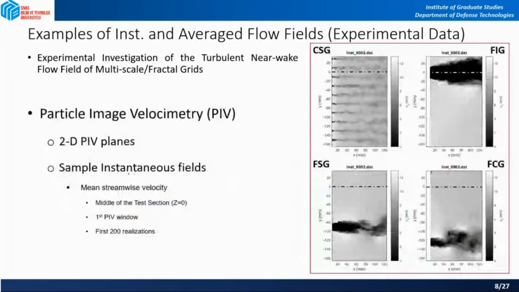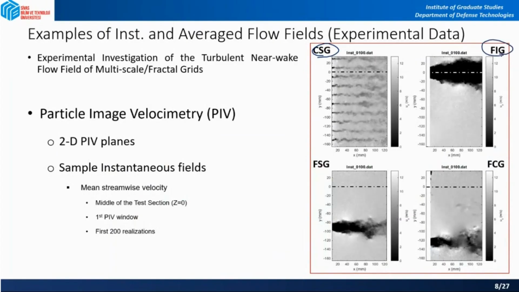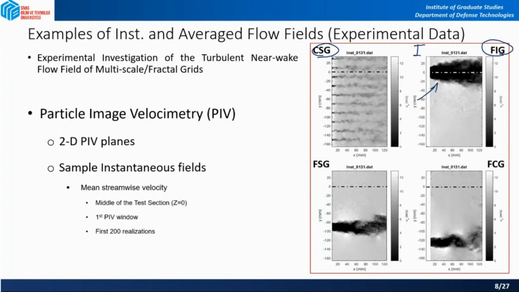And in here, these are examples of some instantaneous velocity fields belonging to that experiment. You can see that this, for example, belongs to the conventional grid, so you see the wakes of the bars of the grid. And this is for the grid with the fractal shape I. So you are seeing this big wake belonging to the big I bar in here.